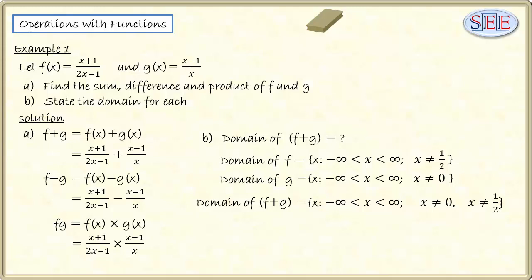So the domain of the sum of two functions will be the set of x such that x is from minus infinity to infinity, but we subtract the elements 0 and 1 over 2. And this domain of the sum of two functions is also the same as the domain of the difference of two functions, and is also the same as the domain of the product of two functions.